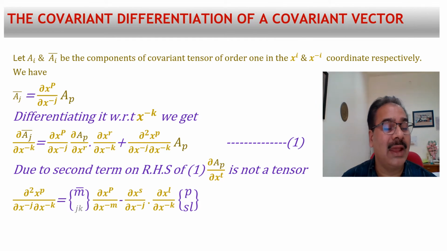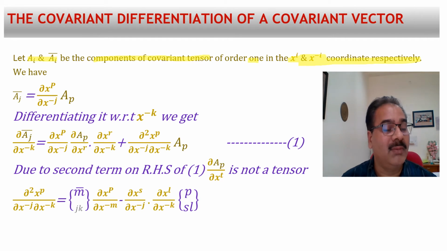Now, let A_i and A bar_i be the components of a covariant tensor of order 1 in the x_i and x bar_i coordinate systems respectively.